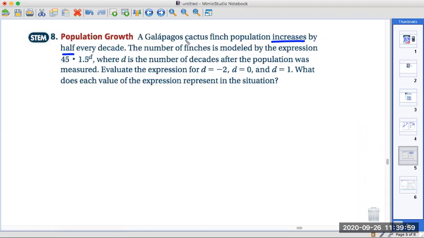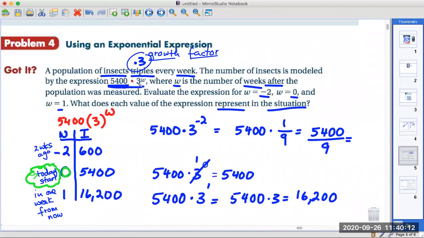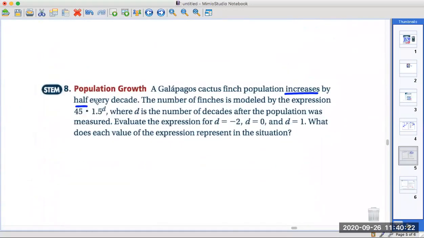So if it increases by half, my growth factor is 1.5. There's the growth factor, right? Remember up here, the growth factor was 3. This 3 means it's tripling, it's multiplied by 3 each time. But here it's 1.5.